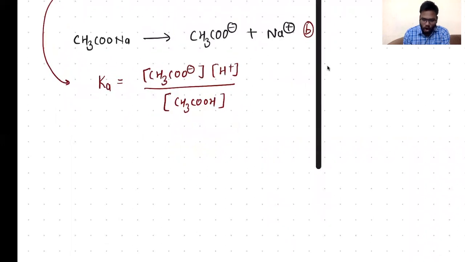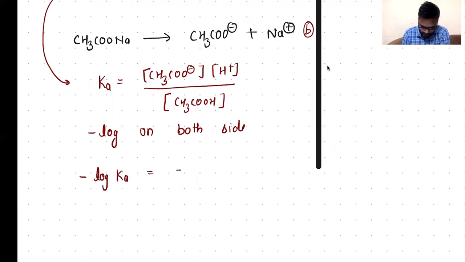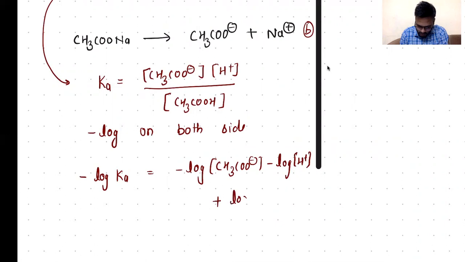If we take log on both sides, negative of log on both sides. Negative log Ka, negative log of CH3COO minus, negative of log of H plus, plus log of CH3COOH.